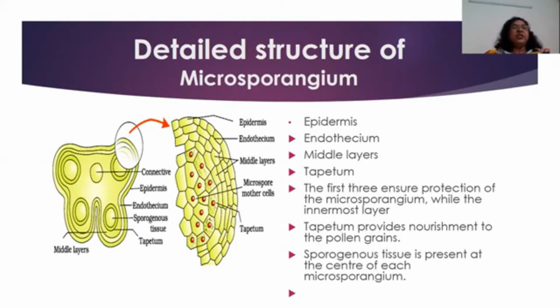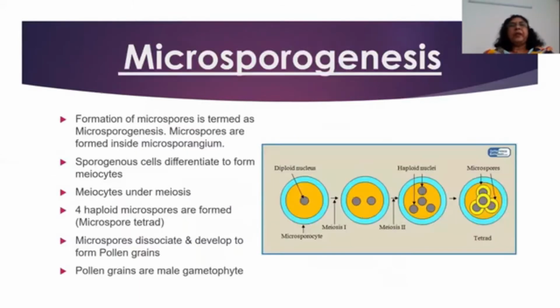The center of each microsporangium is filled with sporogenous tissue. This is the sporogenous tissue. These sporogenous tissues are closely arranged and later on develop into microspore mother cells.